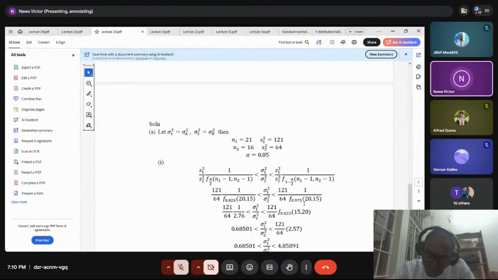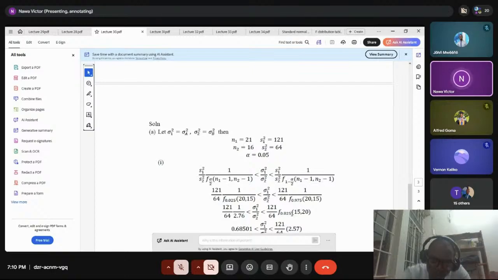Okay, so what did we say? We get the reciprocal of this, right? When we get the reciprocal, it means it is going to go up, and then we'll get the complement of this. So subtract this one, get a 0.025, and then we'll switch the 20 and the 15.